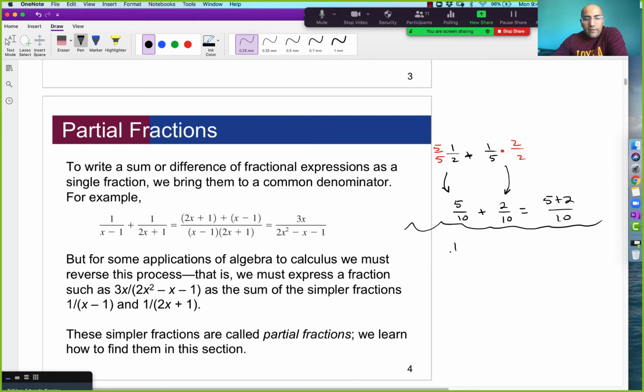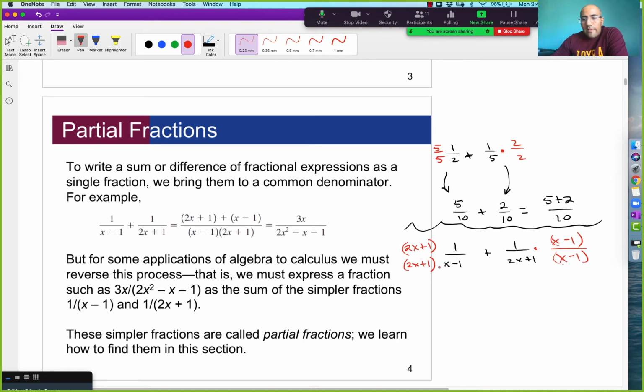If we have 1 over x minus 1 plus 1 over 2x plus 1, then again we need a common denominator. By default, if we can't figure it out, one easy way to do it would be just to multiply these two together. So we multiply this one by 2x plus 1 over 2x plus 1. Multiply this one by x minus 1 over x minus 1.